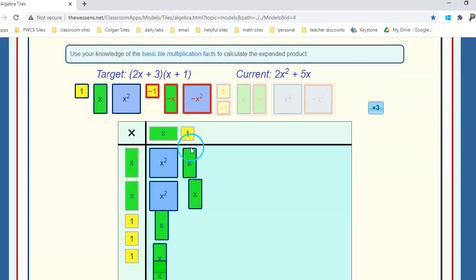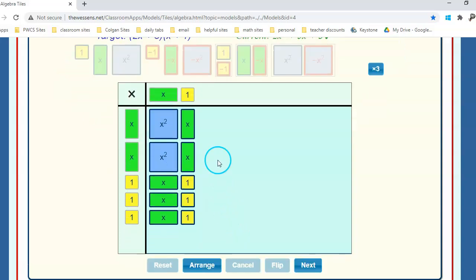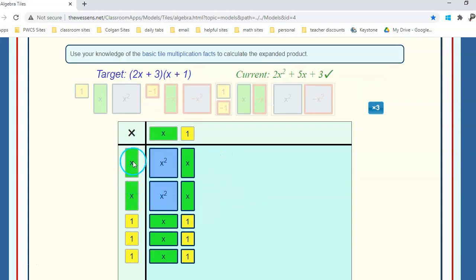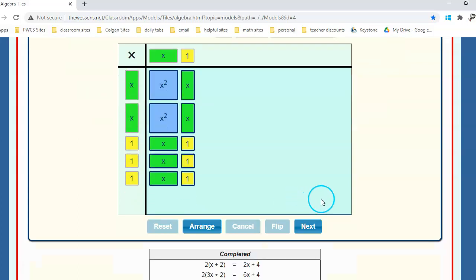That's another x. 1 times 1 is 1. So this rectangle is more vertical than horizontal, but when I multiply 2x plus 3 times x plus 1, I get 2x squared plus 5x plus 3.